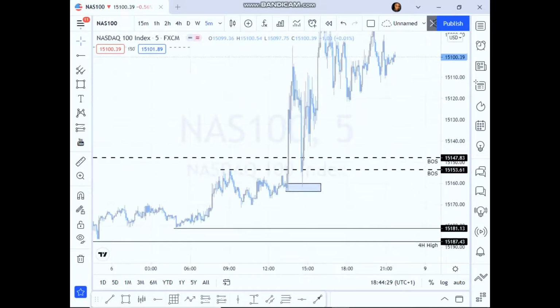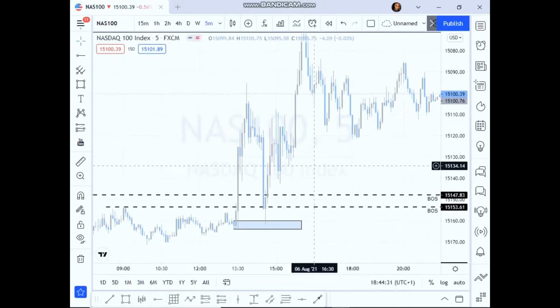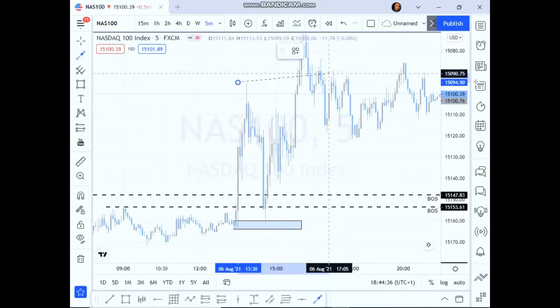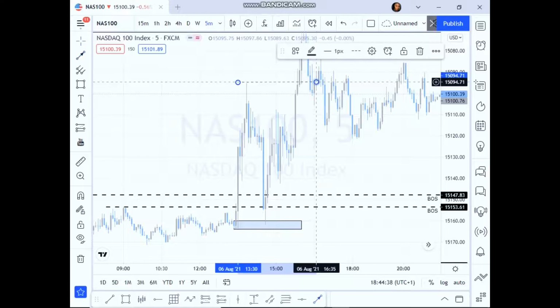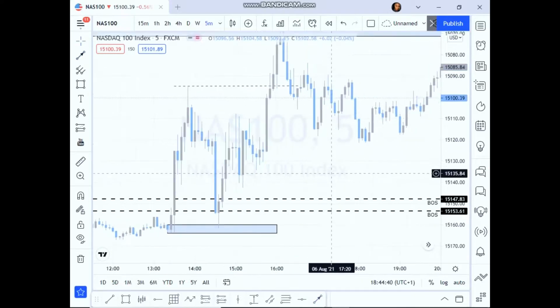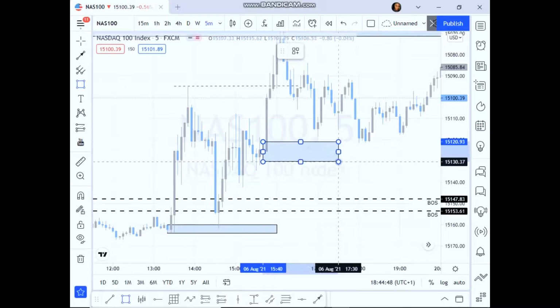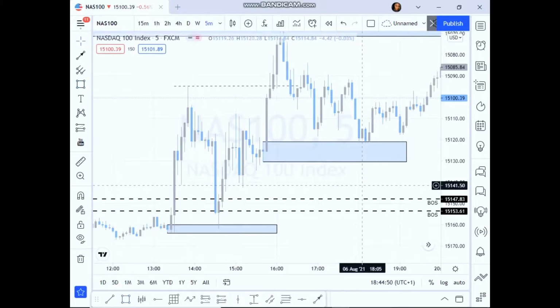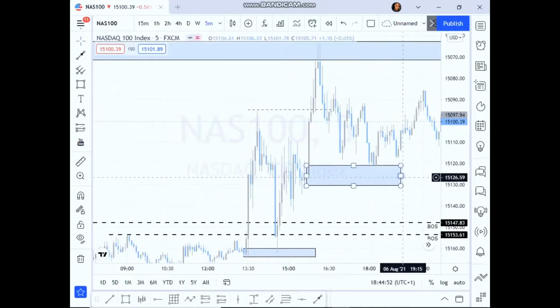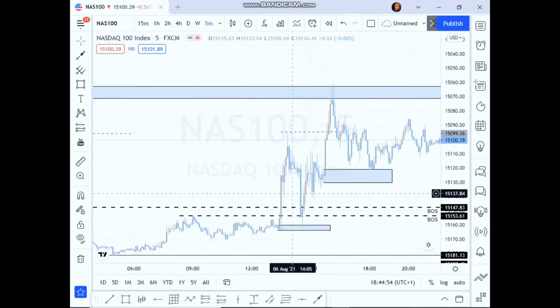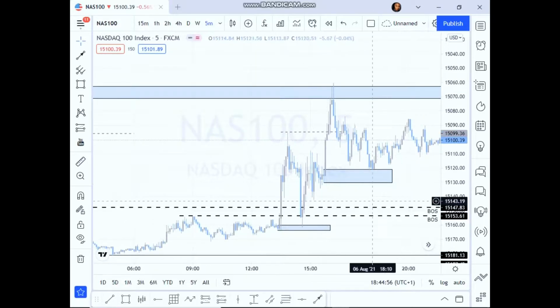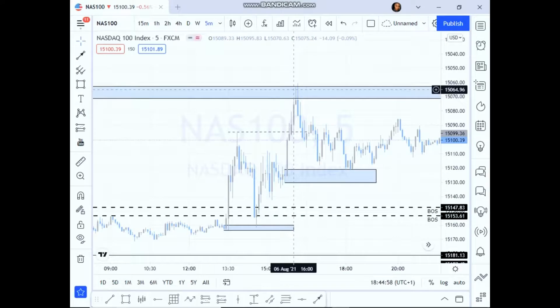So my POI here was this breakup structure, because we had this breakup structure here. After we had that, we were looking for the last bearish, actually bullish candle. But I think you guys can follow now, since I already told you that my charts were inverted. We're looking for the last bullish candle before the break of structure, but it also took a sell there because it tapped our POI.